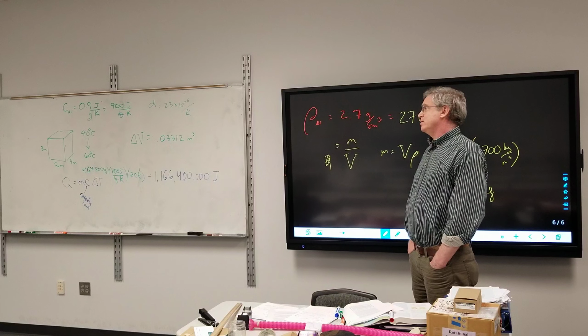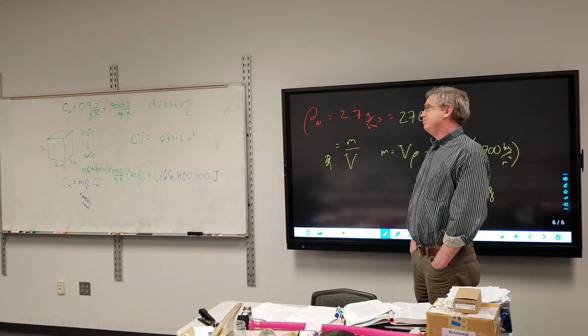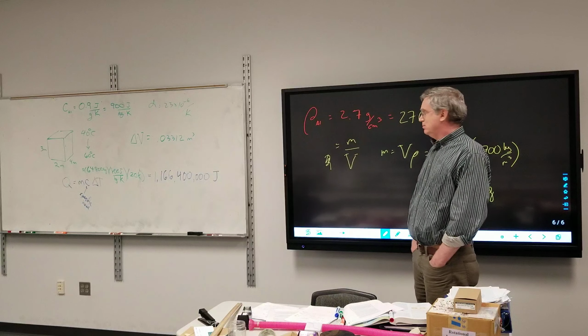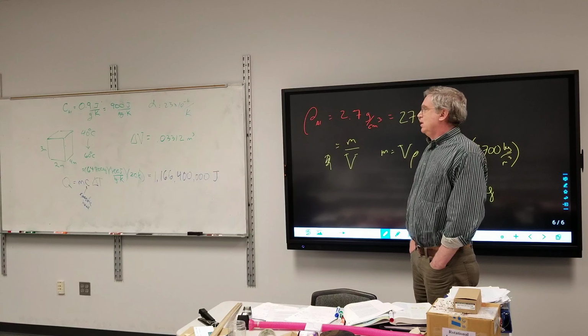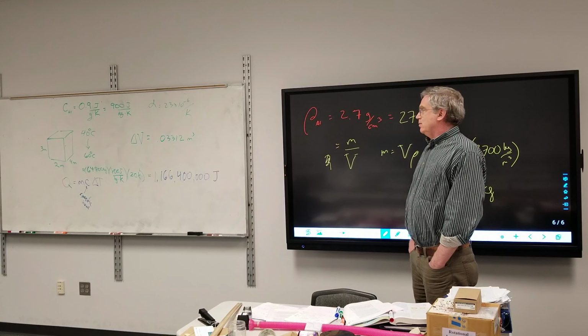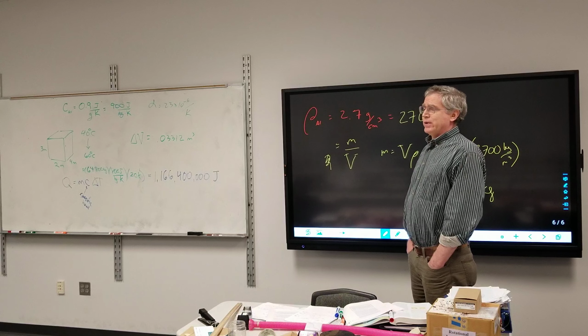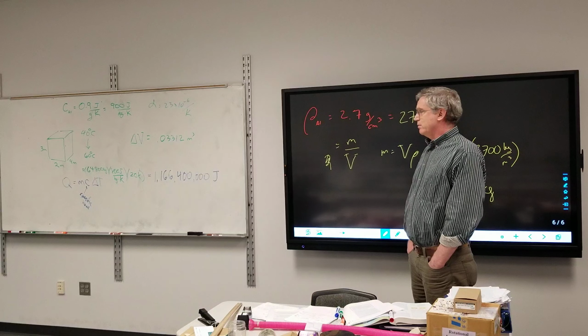My general advice is if you have a 24 cubic meter piece of aluminum, something that weighs more than 500,000 newtons, don't try to heat it up 20 Kelvin. That's a lot of energy.